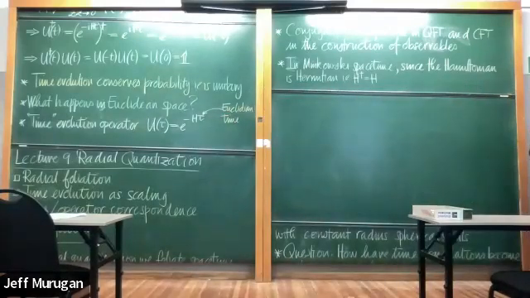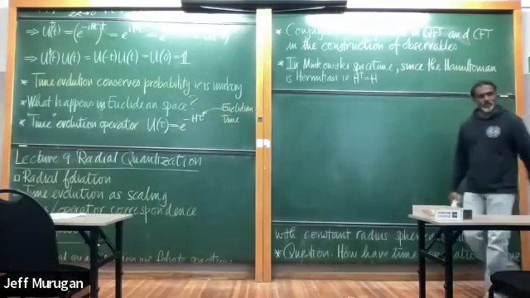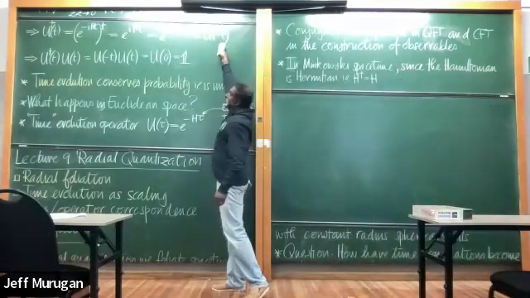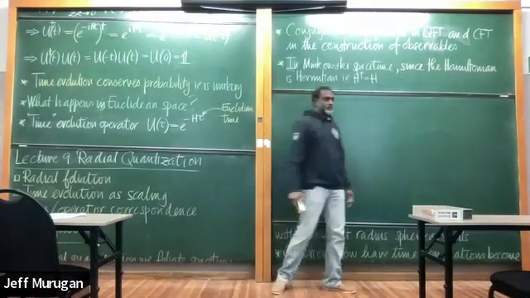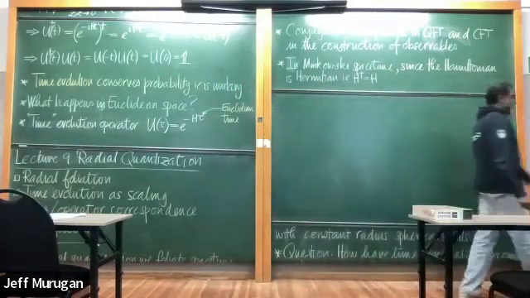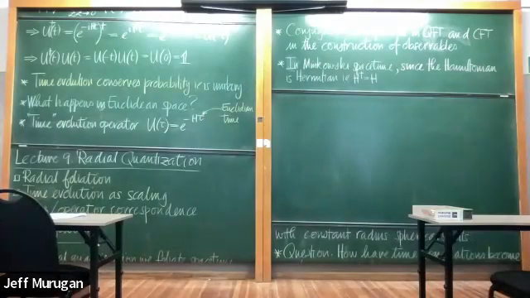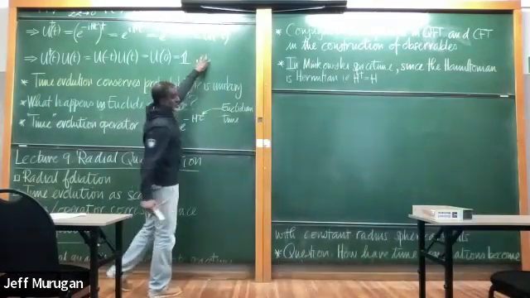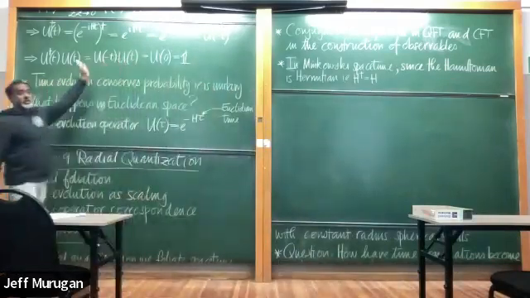We'd like to understand whether the conjugation works in the same way in Euclidean space. In Minkowski space, I take the Hermitian conjugate of U of t and I have U of minus t, and this is what is called unitary.